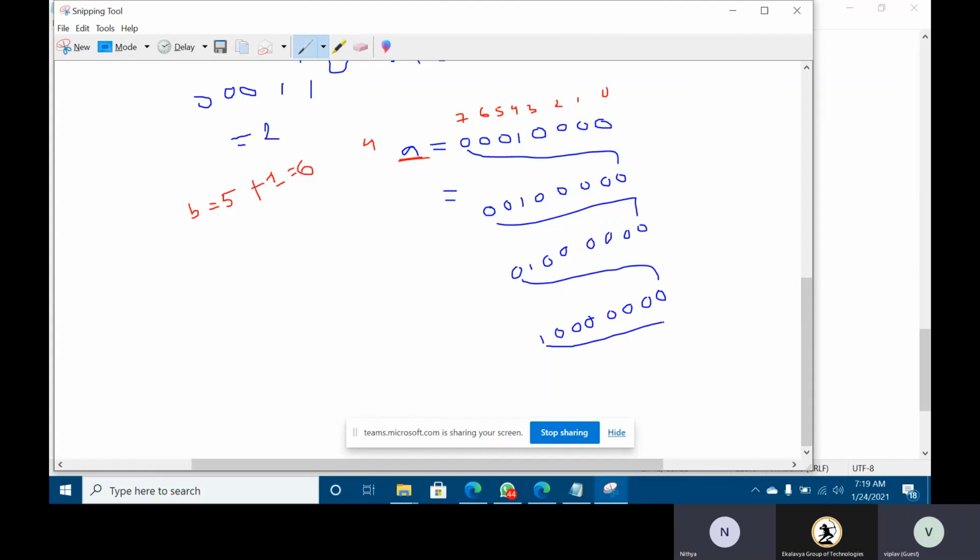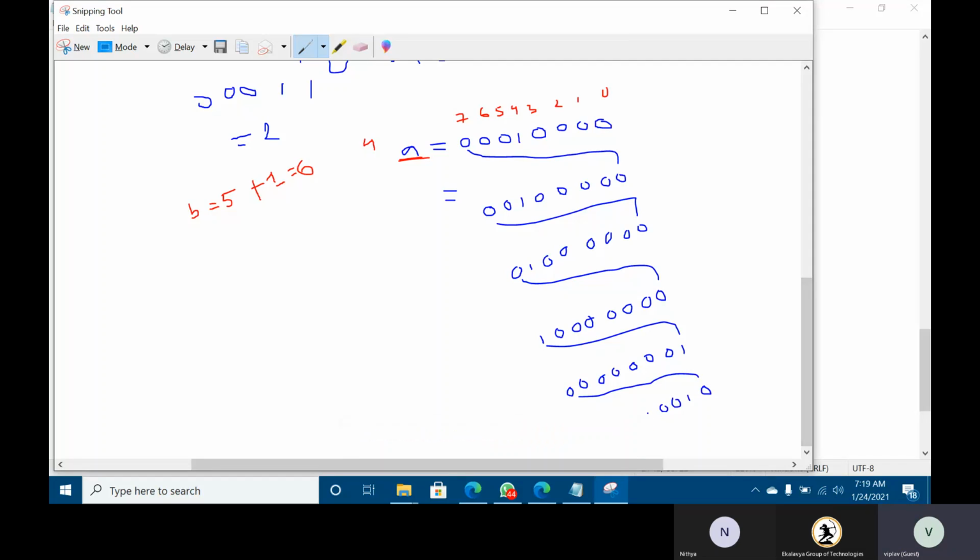Next, this one will go here. Now 1, 0, 0, 0, 0, 0, 0, and 0. Then next, this 0 will go here. So now 0, 1, 0, 0, and 4 zeros here.